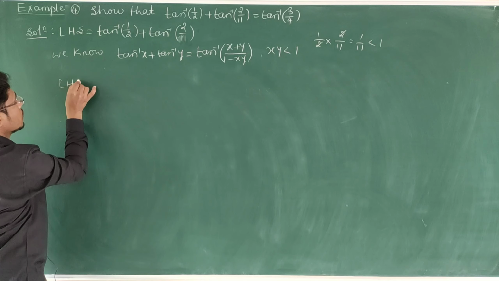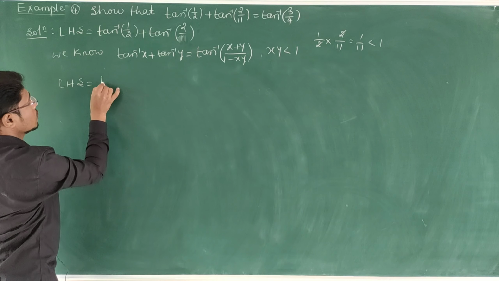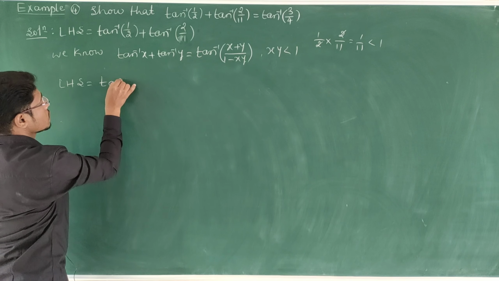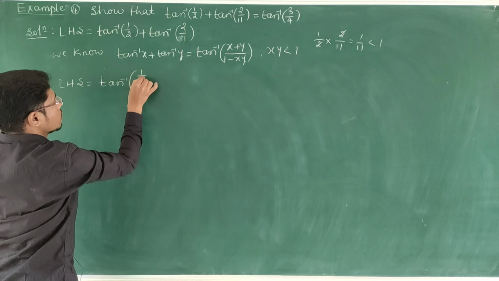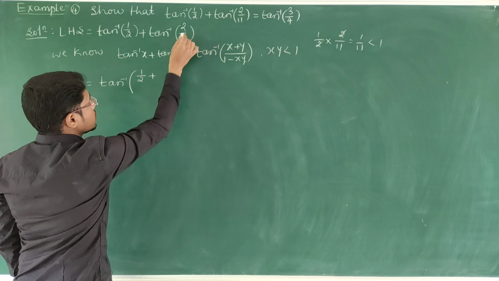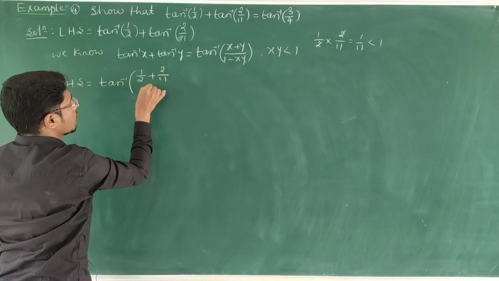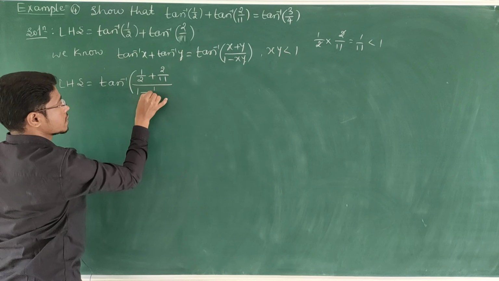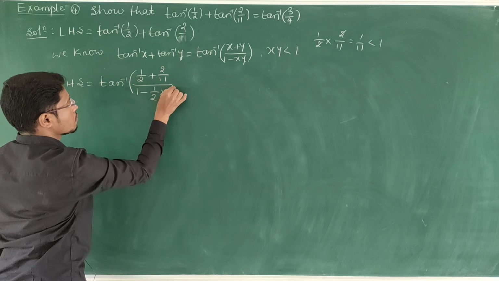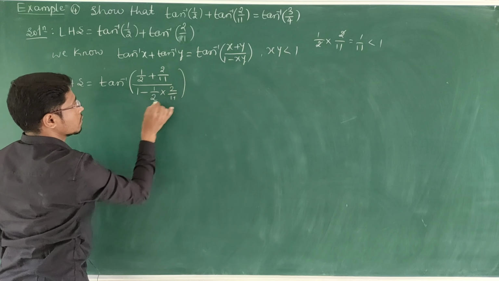So LHS will become tan inverse of x is 1 by 2 plus y is 2 by 11, whole divided by 1 minus x into y, 1 by 2 into 2 by 11.